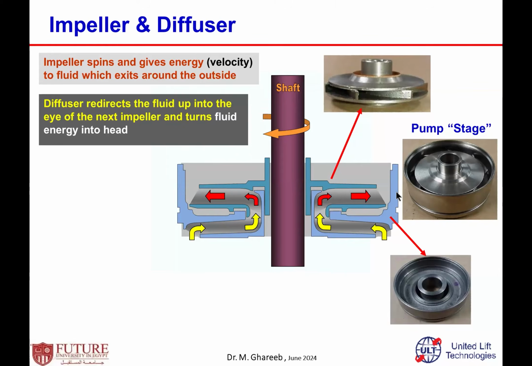This just gives me a figure of how the impeller and diffuser work together, how they provide heads and fluids from one stage to the other, to the second stage, and so on.